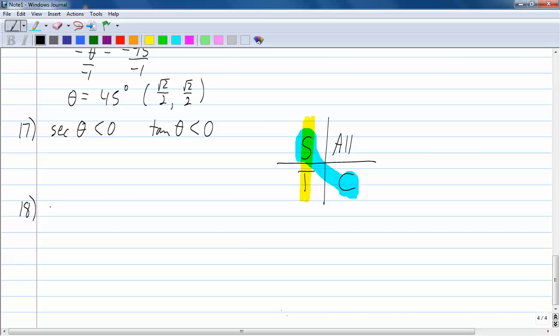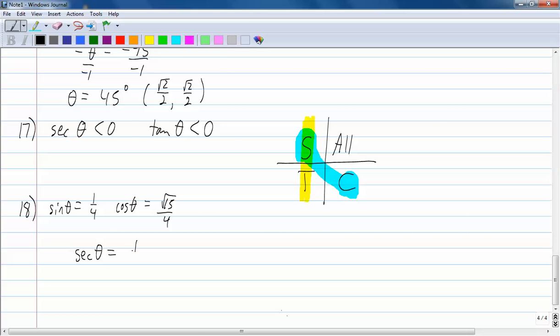Right, number 18. We're told sine of theta equals 1/4. Cosine of theta equals the square root of 15 over 4. Find secant of theta. I could find x, y, and r and then use that, but the easiest way is to use the reciprocal identity.